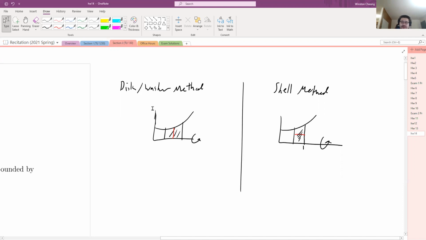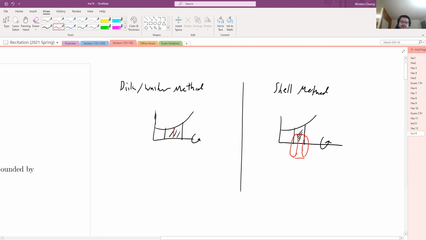That's why these two things are really similar. So this gives you a disk. But in shell method, you actually get a cylinder. Visually, you'd get something that looks like, I'm trying to draw it, a cylinder. And so that's how these two things differ.